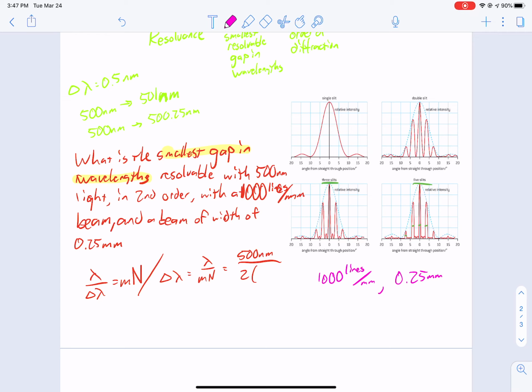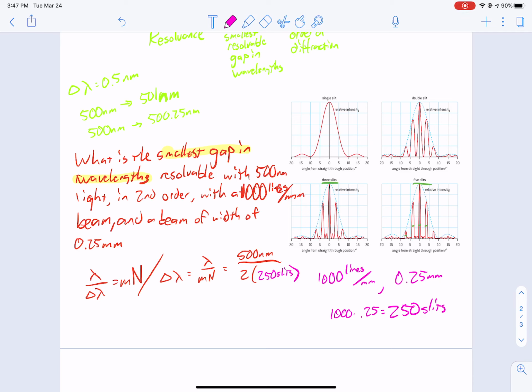So if there's 1,000 lines for every millimeter, and we have a 1/4 of a millimeter of width of that laser perhaps, then that's going to be 1,000 times 0.25, and that is 250 slits that are being illuminated in this case. And that's what our capital N value is going to be.